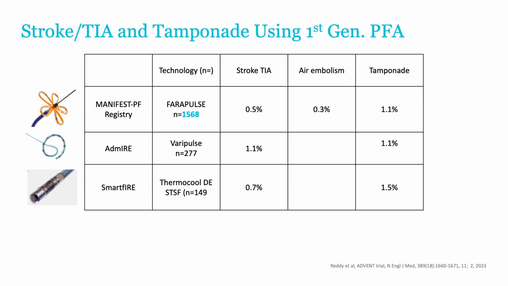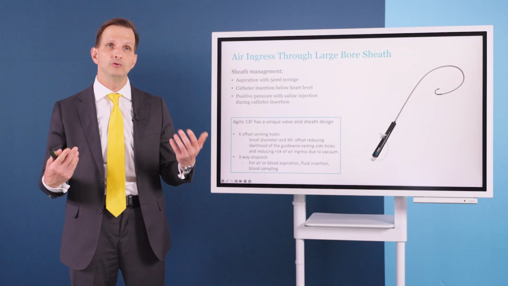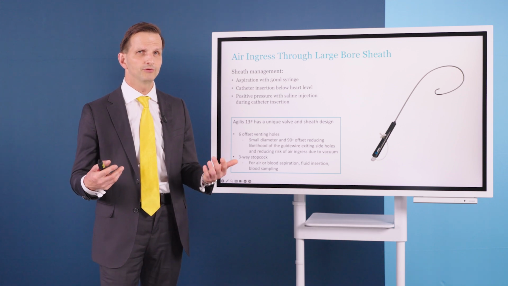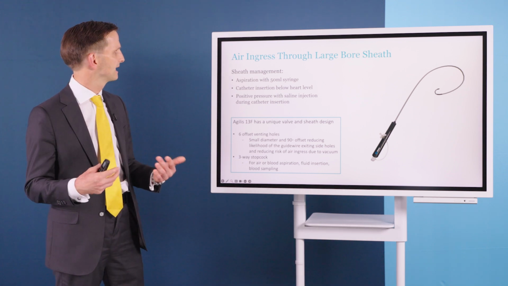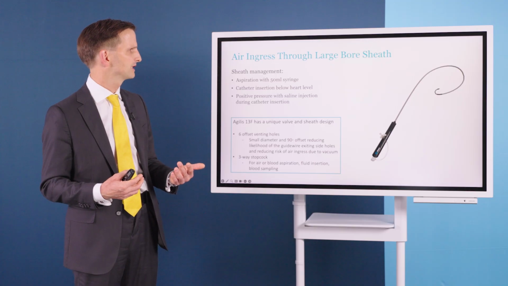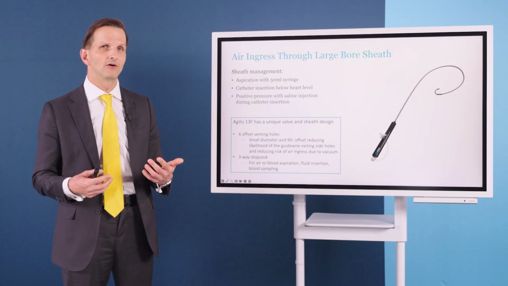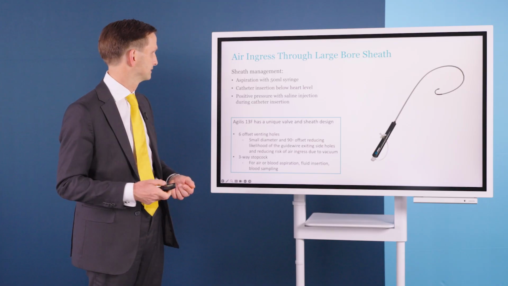And the stroke rate ranges from somewhere between 0.5% to more than 1% in the early phase of these new technologies. So what can we do to prevent stroke? I think one important contributor is air embolism, and that's why optimal sheath management is of utmost importance.